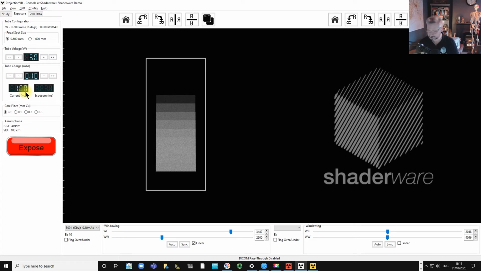Okay, the noise we get after the exposure is the application of a brake, because we don't want the very fast running anode to slow down on its own, because it will take ages to slow down.